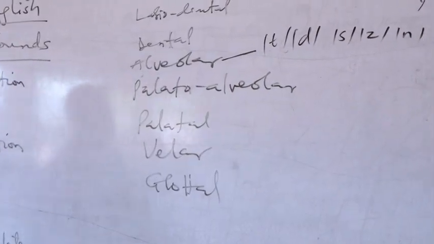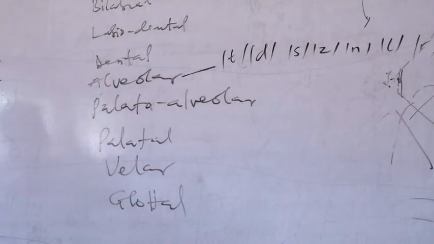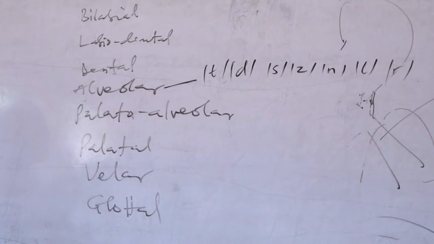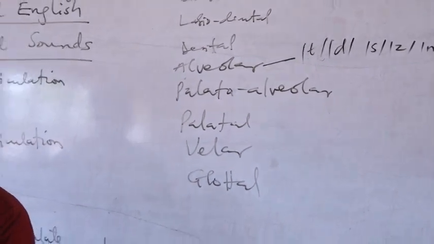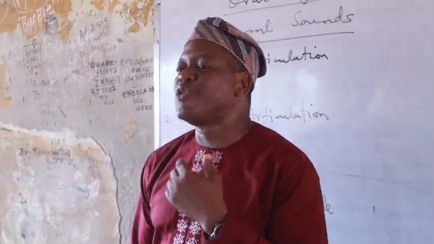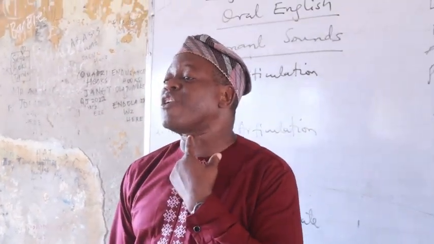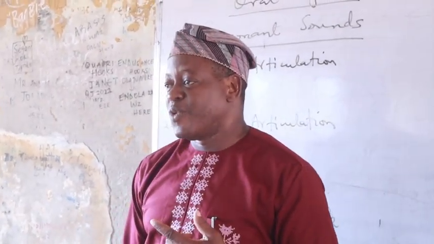Palatal-alveolar, I told you the other time, is when the tip of your tongue touches in between the palatal and the alveolar. Then palatal, the palatal itself. Velar. A velar sound is the one you produce at the soft palate here.